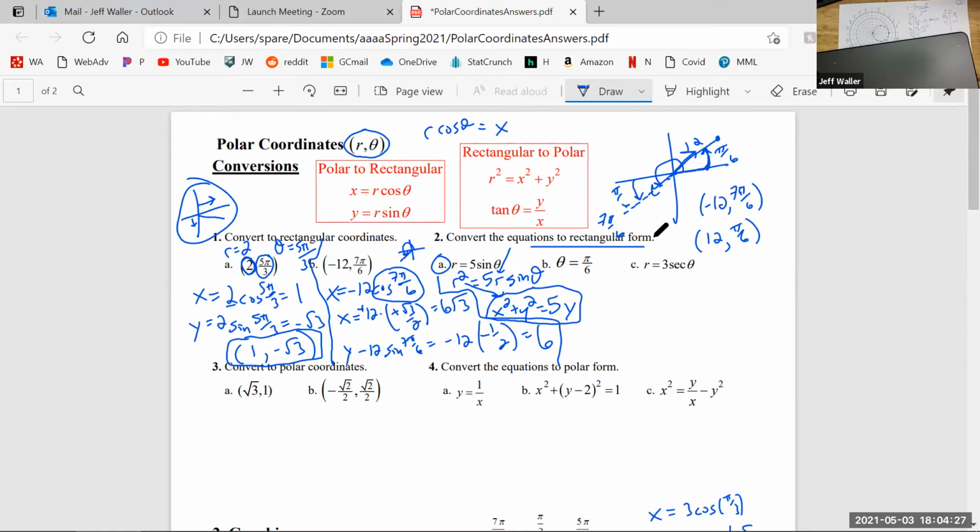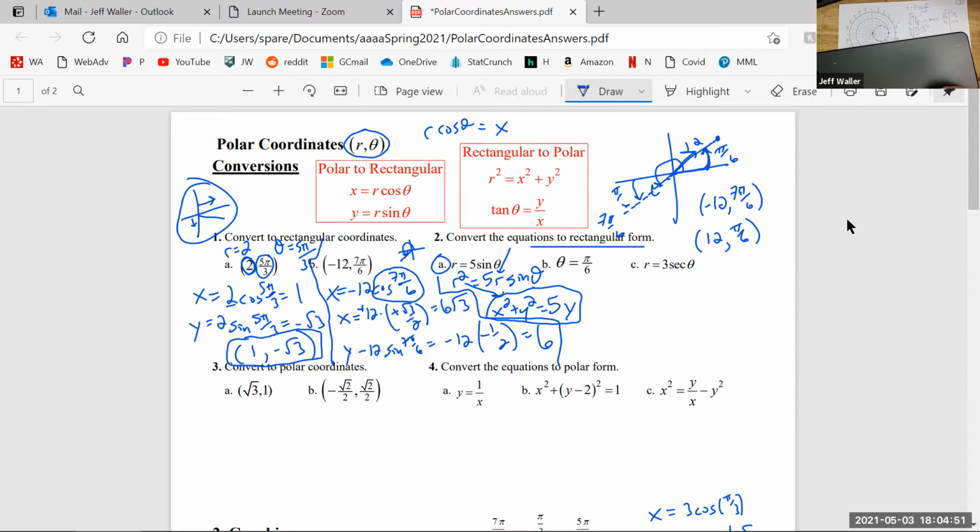What's weird about part C relative to all the conversions that we know? Secant. It's got secant in it. Do I see secant anywhere in any of this? No. So obviously, let's see if you guys agree this is obvious.